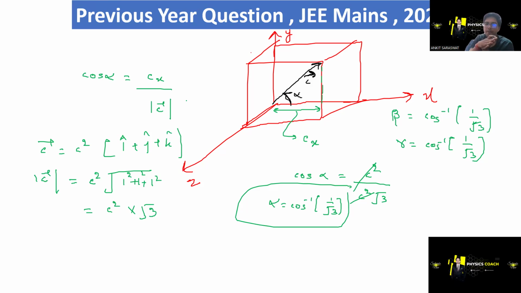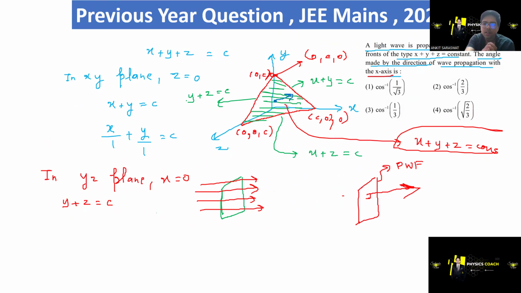Is the meaning clear? I know these calculations are a little bit tough, but for finding a better solution you have to imagine the concept. The direction of the wave of light is perpendicular to the wavefront. I know that. And we know the concept of the vector cross product: if I know two vectors in a plane, then the resultant vector will be perpendicular to those two vectors.